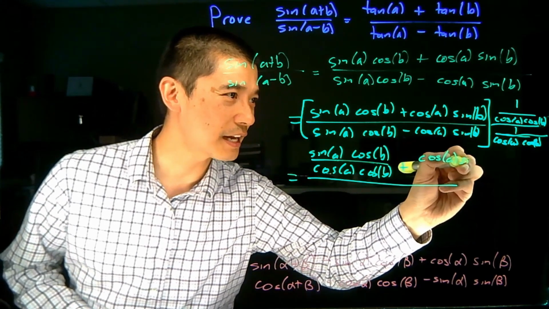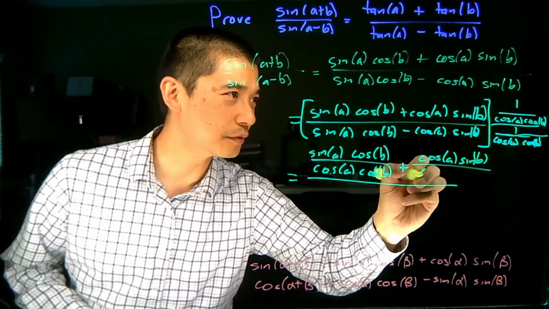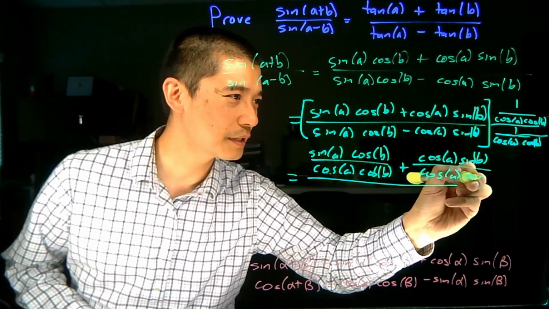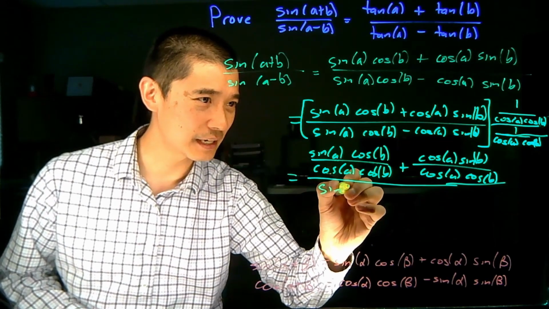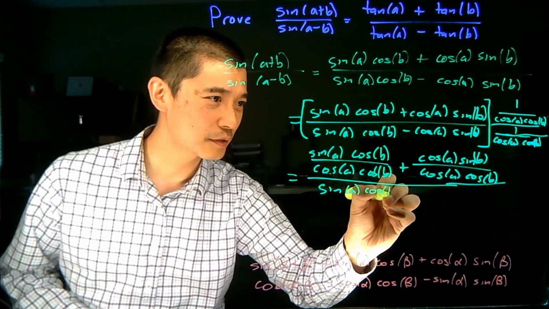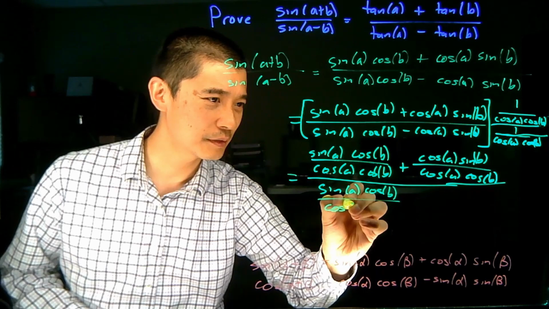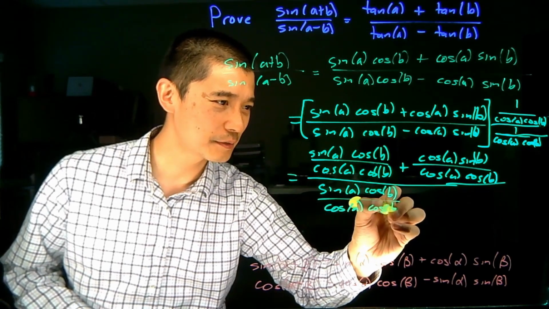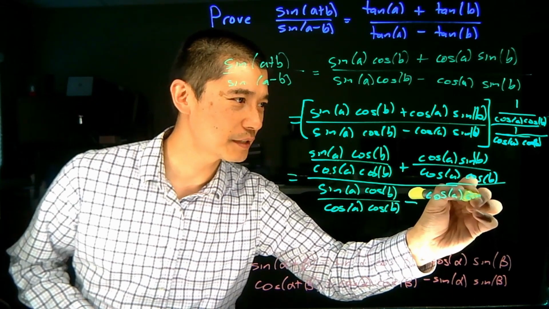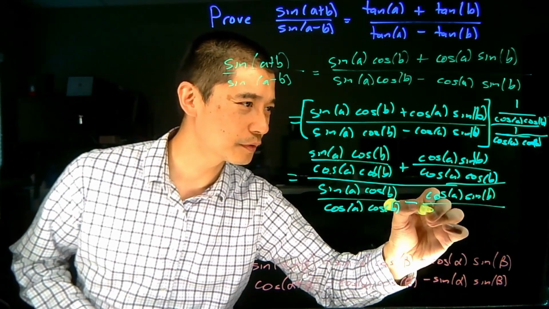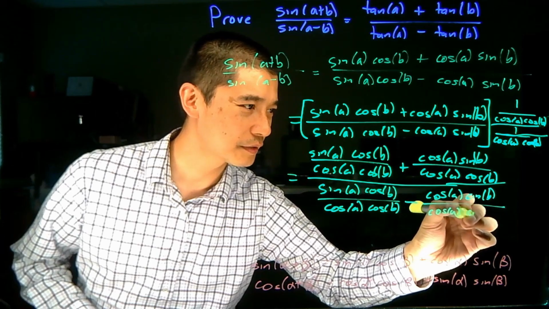Cos A sine B over cos A cos B. In the denominator, sine of A cosine of B over cosine A cosine B, minus cosine A sine B over cosine A cosine B.